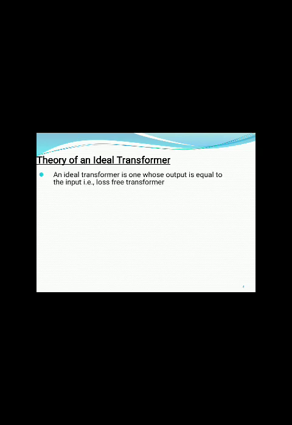In the previous class we learned the transformation ratio of a transformer. Here we are going to deal with the ideal transformer. An ideal transformer is one whose output is equal to the input.